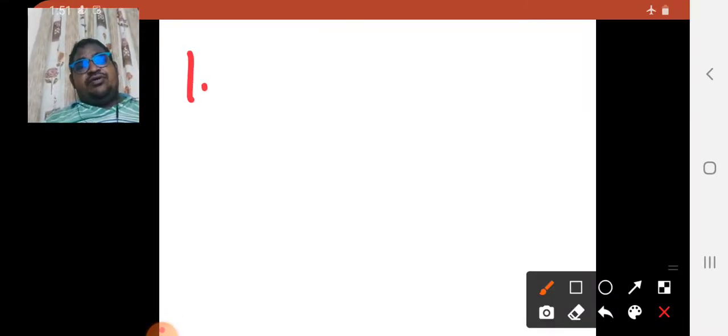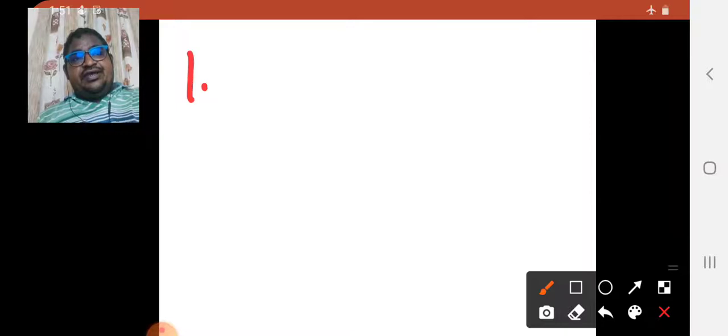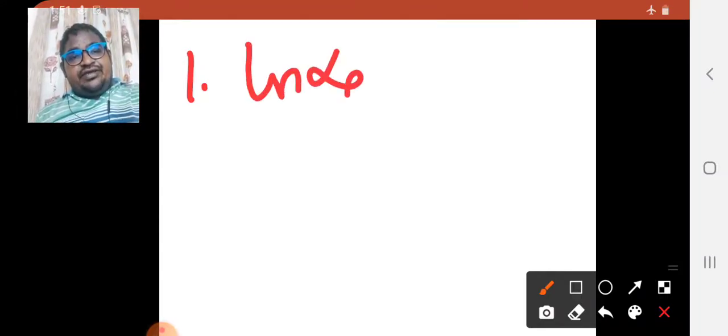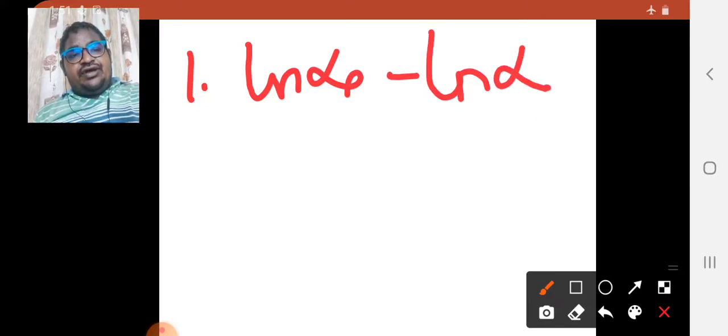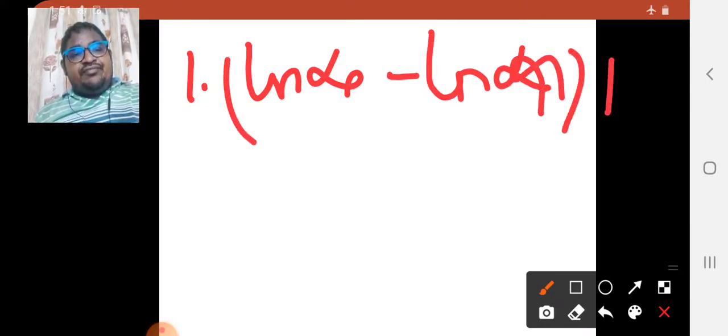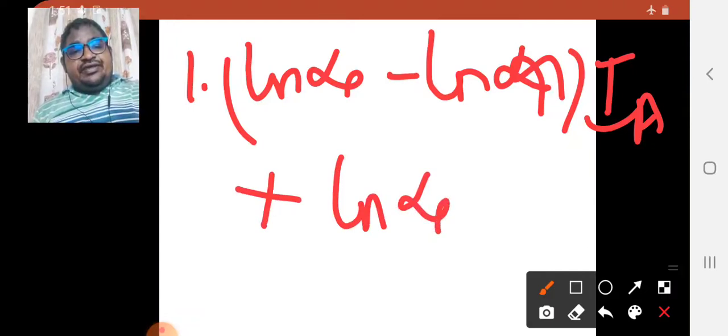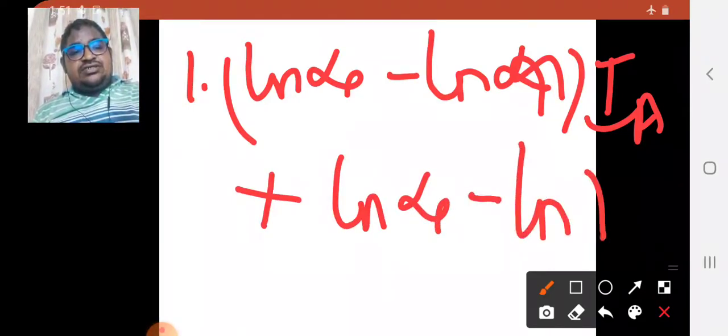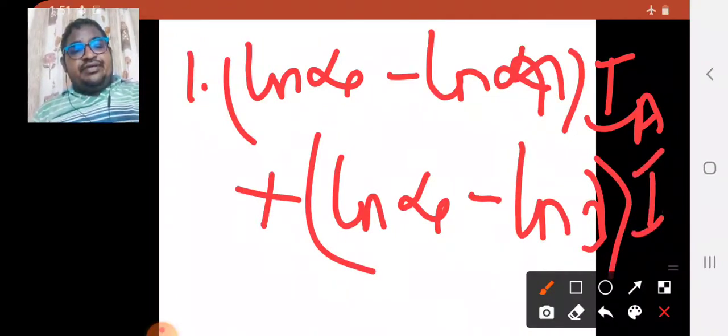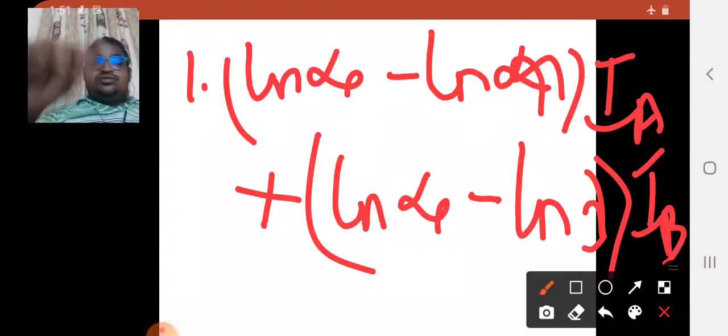The first step is to do the integration: ln infinity minus ln r in one case, into IA, plus ln infinity minus ln d into IB. First you do it in this fashion.